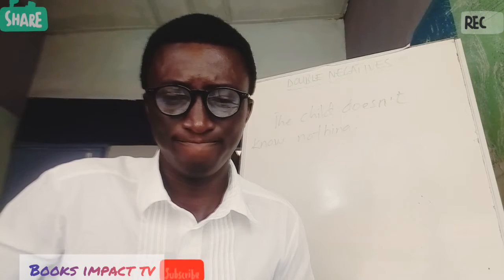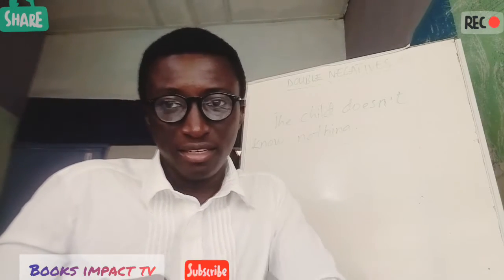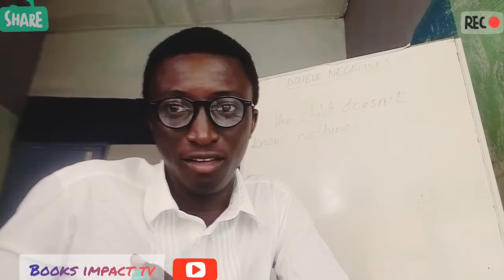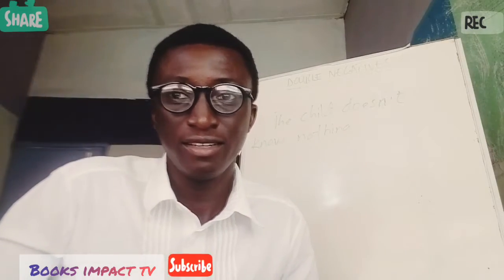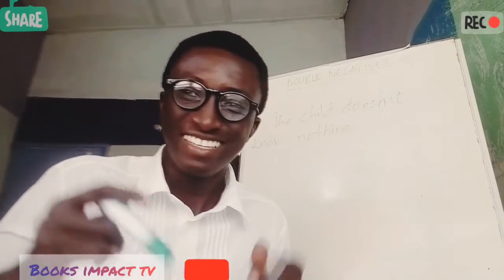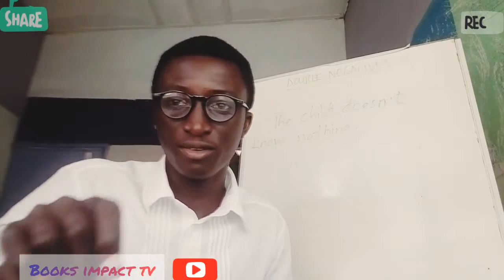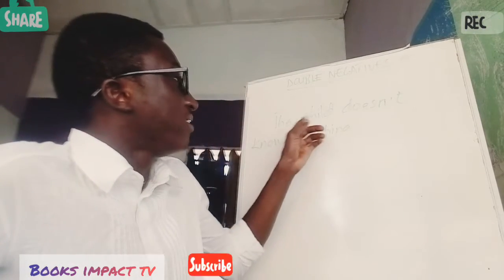Is it correct? Don't look at the euphony. It's not about how good it sounds in your mind. Even if it is cacophonic, what we should be looking at is whether it is grammatically correct. So, the child doesn't know nothing.